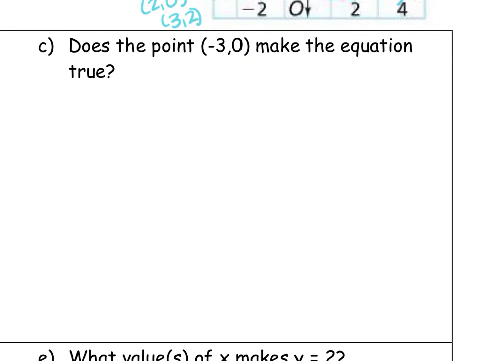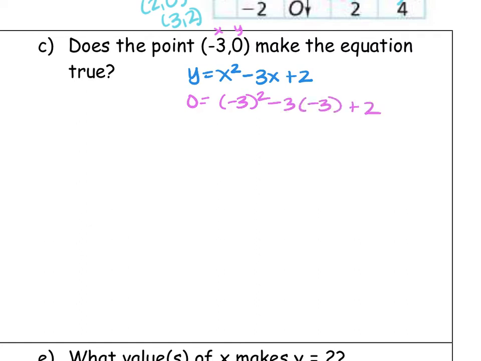Let's look at this next question. Does the point (-3, 0) make the equation true? Again, I'll write the equation, y equals x squared minus 3x plus 2. I'm going to plug the -3 in for x and the 0 in for y. 0 equals (-3) squared minus 3 times -3 plus 2. (-3) squared is 9. Minus 3 times -3 is negative 9, plus 2. When we subtract a negative, we really add.